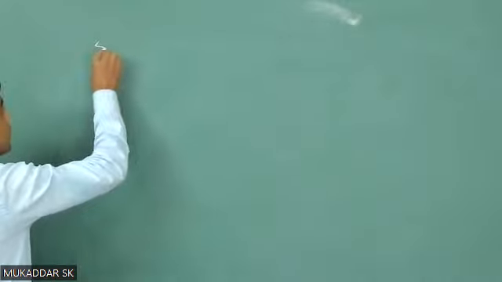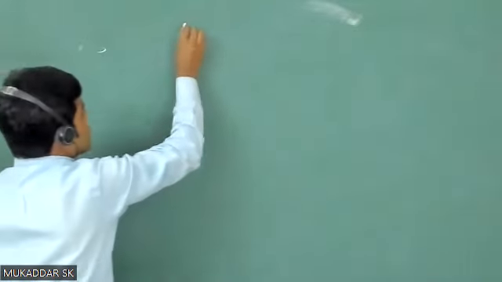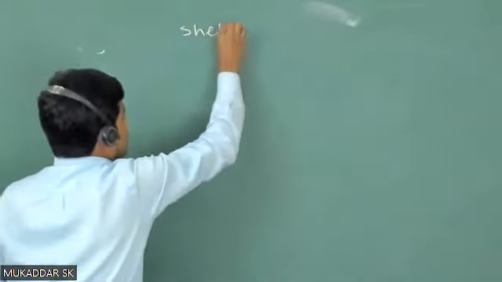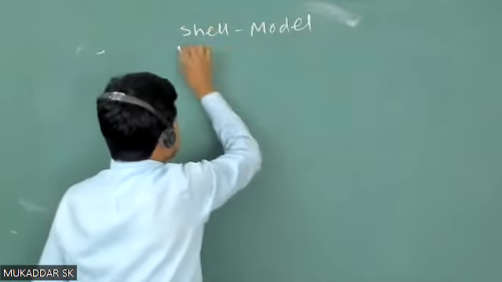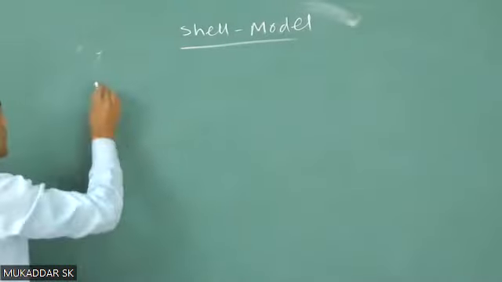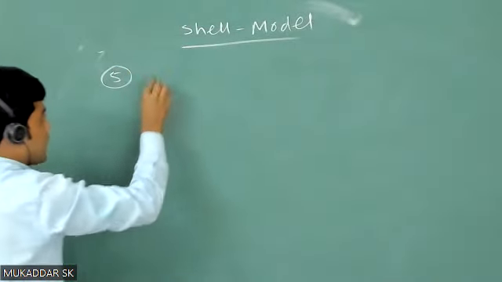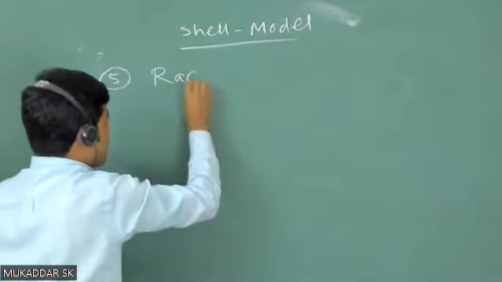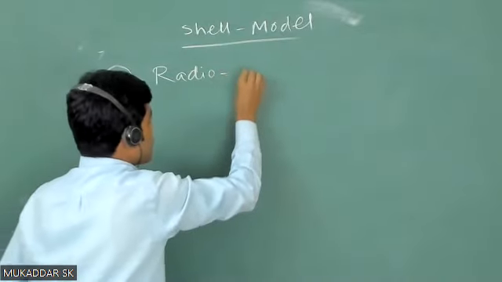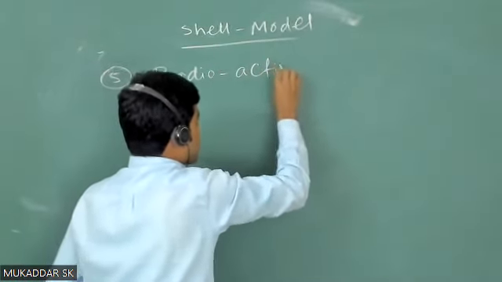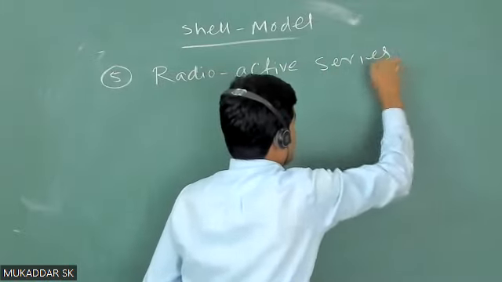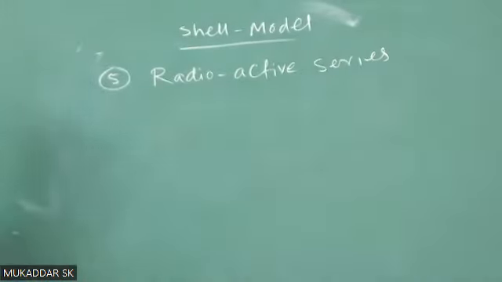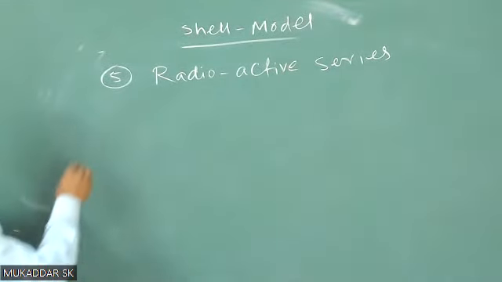Then you have a last observation, that is your radioactive series. Okay, if you remember, you have 4 radioactive series.